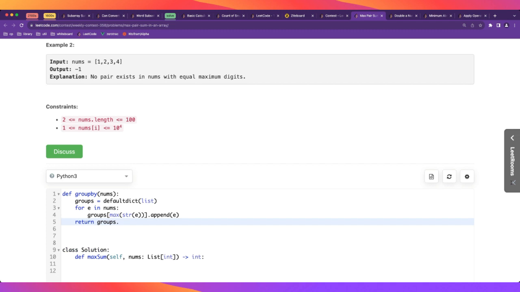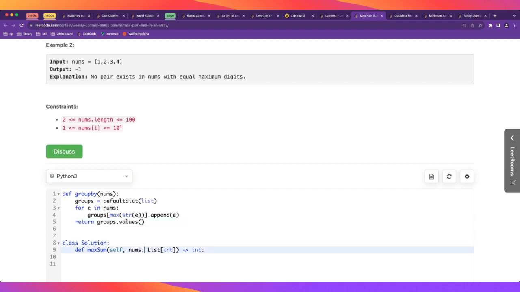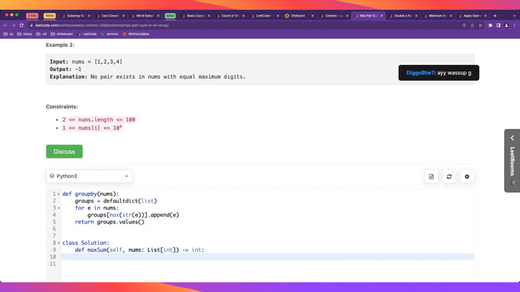But then we don't care anymore about the key. We just care about the groups of numbers. So let's just return the values of the dictionary, and that's going to give us what we want.